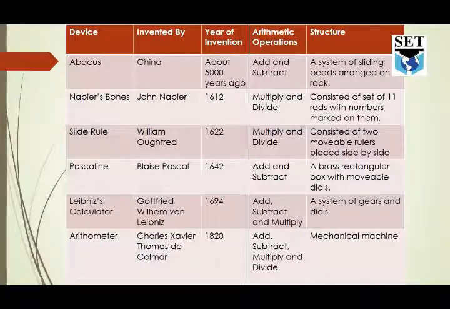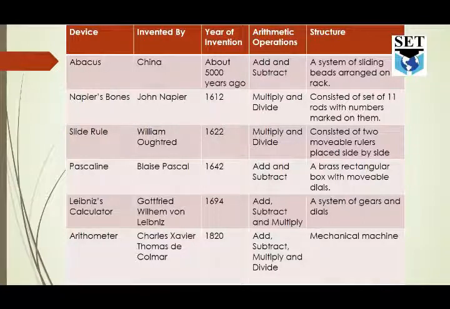Then in 1612, John Napier made a device which consisted of 11 rods with numbers marked on them. It is used for multiplication and division. These are the movable rods through which simple multiplication and division was performed.